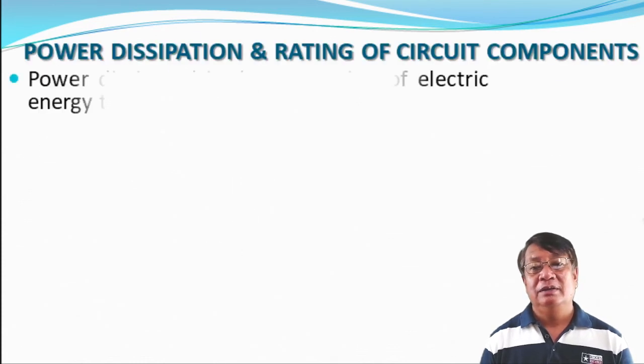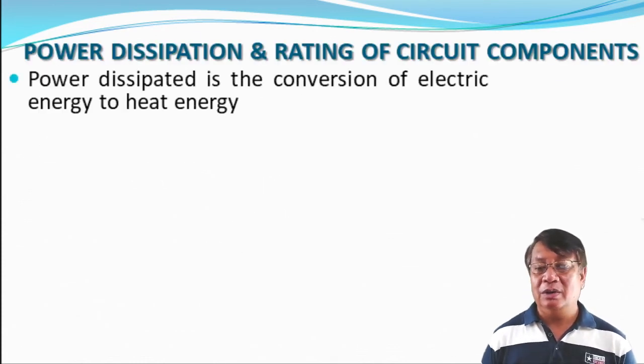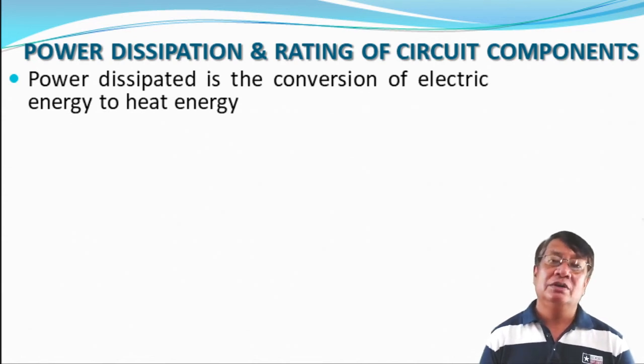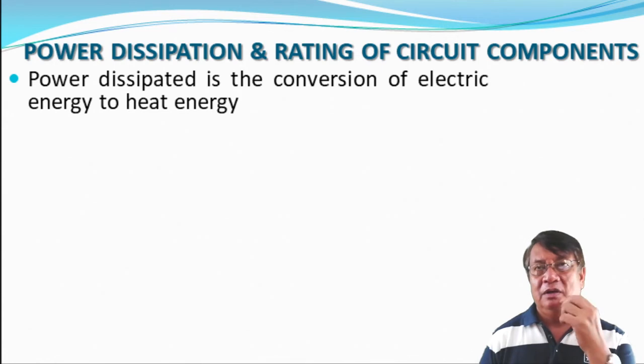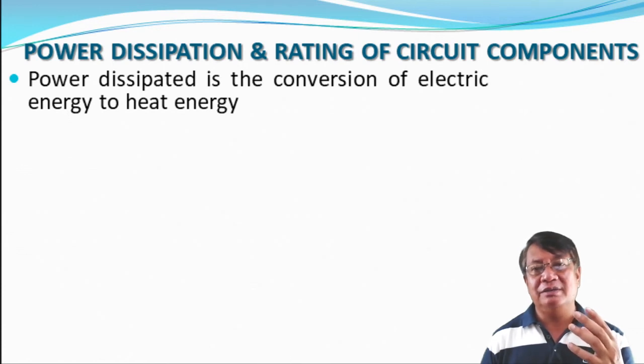Okay. Now let's continue our discussion with power dissipation and rating of circuit components. So circuit components. What are some of the circuit components? Basically, of course, lamps, our appliances, our load, but of course we have the resistance.